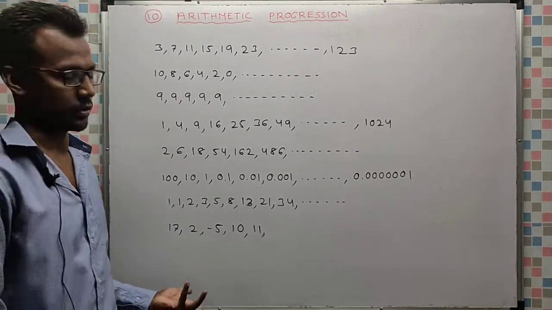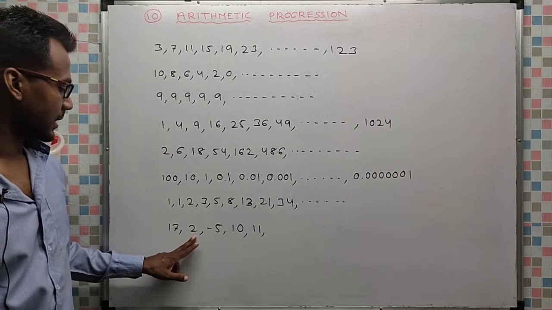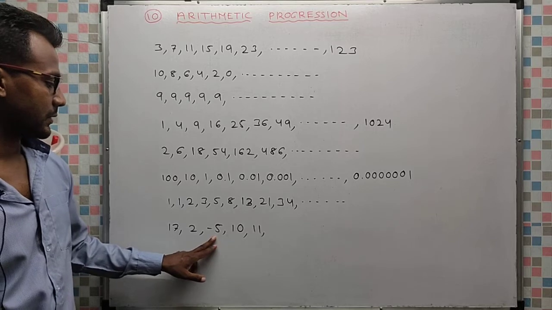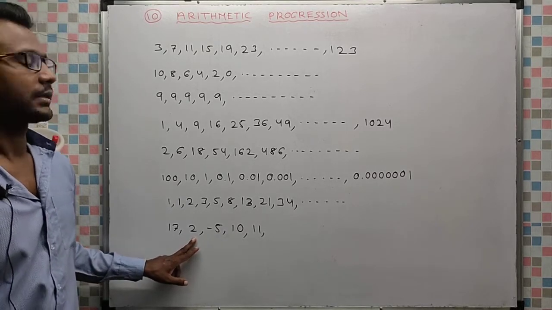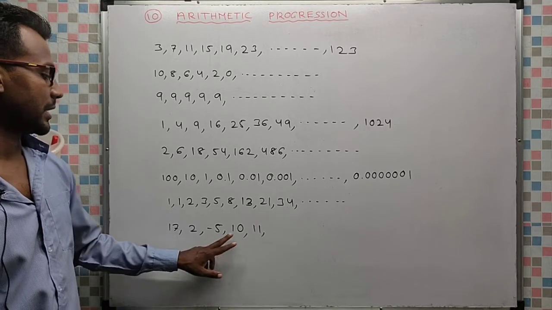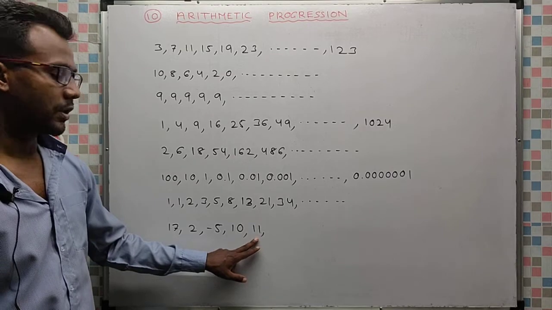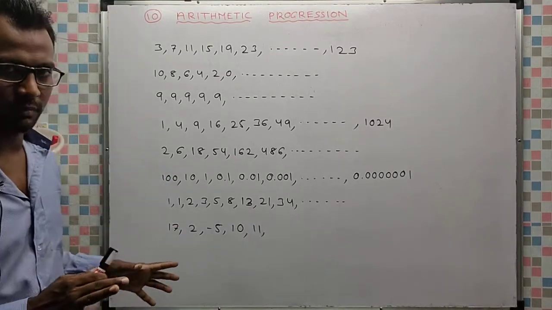If I have followed any rule, 17 then 2, so decrease by 15. Then minus 5, so again decrease by 7. First decrease by 15, then decrease by 7. Then 10 means increase by 15. Then increase by 1. So there is no rule in which I have written the numbers. Randomly I have written the numbers.